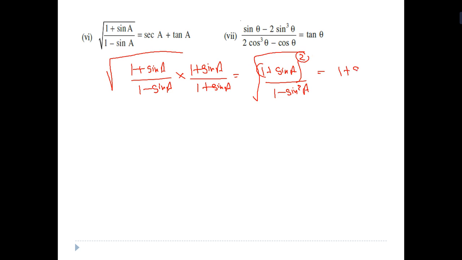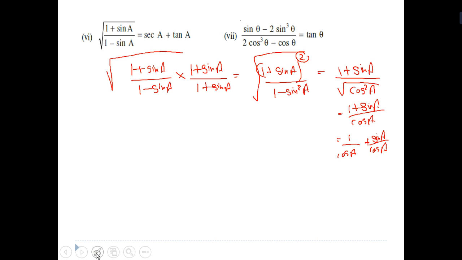So we can get 1 plus sin A. Here 1 minus sin square means cos square A. Again remove the under root, 1 plus sin A upon cos A. Now divide each term, that is 1 upon cos A plus sin A upon cos A. That way we can get the answer. Let me see that we are correct or not.